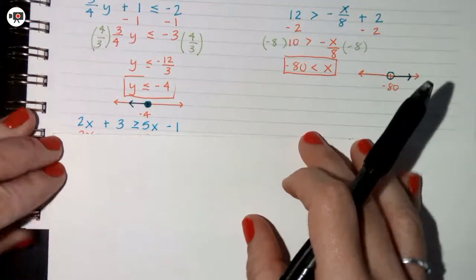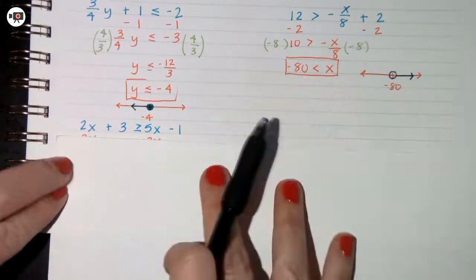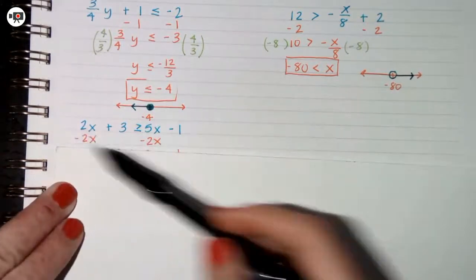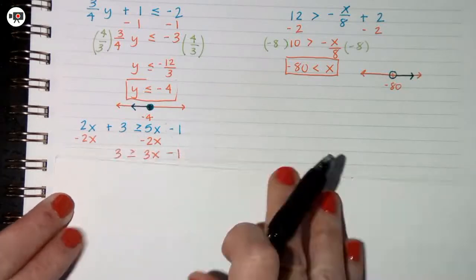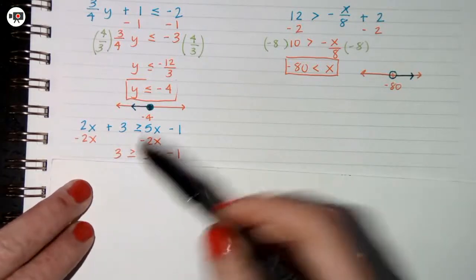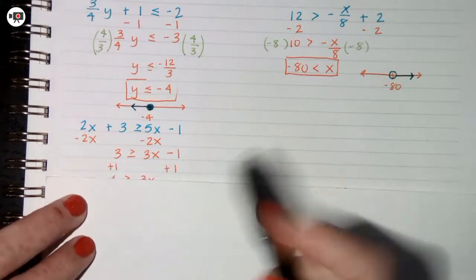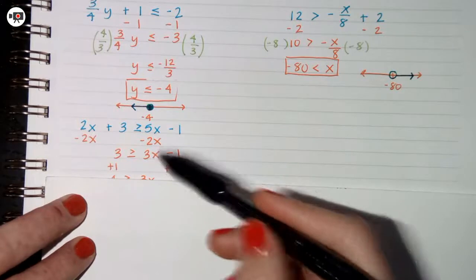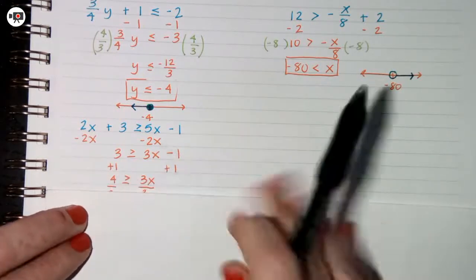And here we have 2x plus 3 is greater than or equal to 5x minus 1. I'm going to put all variable terms on the same side by subtracting 2x. And 3 is greater than or equal to 3x minus 1. Add 1 to each side to isolate this variable term, and we get 4 is greater than or equal to 3x.